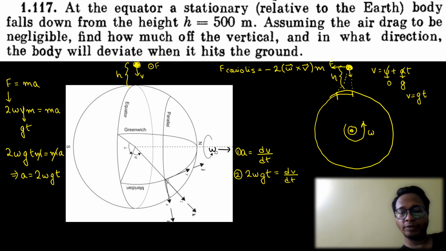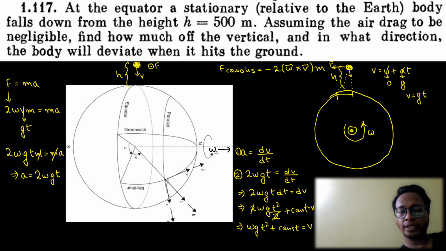Now if you integrate this one, 2 omega gt into dt is equals to dv. If you integrate it, 2 omega g t square by 2 plus some constant is equals to v. Cancel out 2 and 2, or omega g t square plus some constant is equals to v.